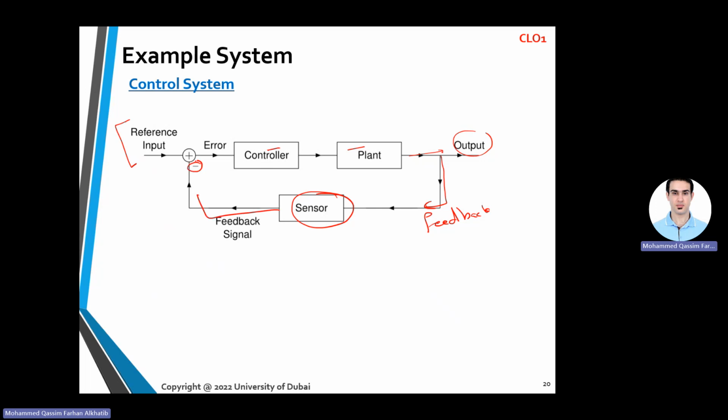And then you take the difference. So this is a summer or adder. So you make the difference between the reference input and this processed output or sensor reading to get the error signal. Again, that's where you can apply signals and systems techniques in the future. So this one in telecommunication, this one in control theory.